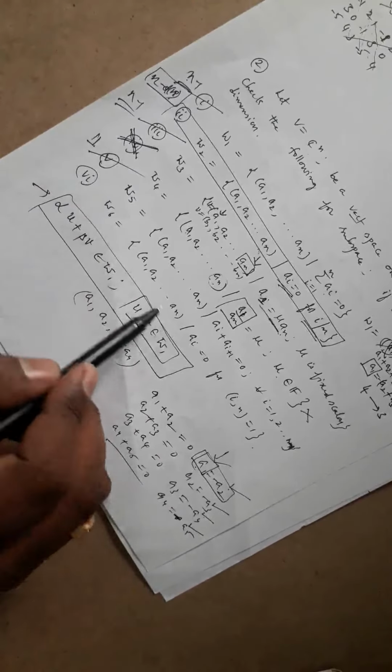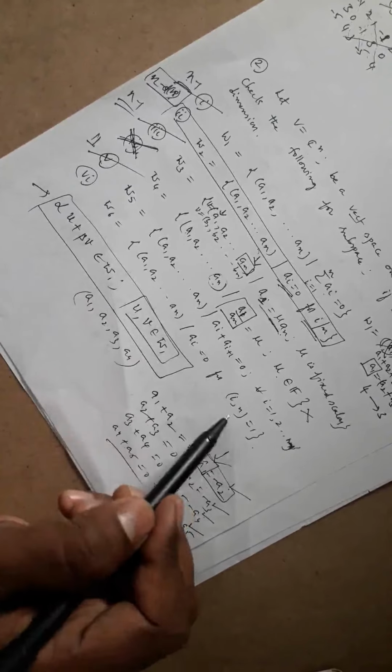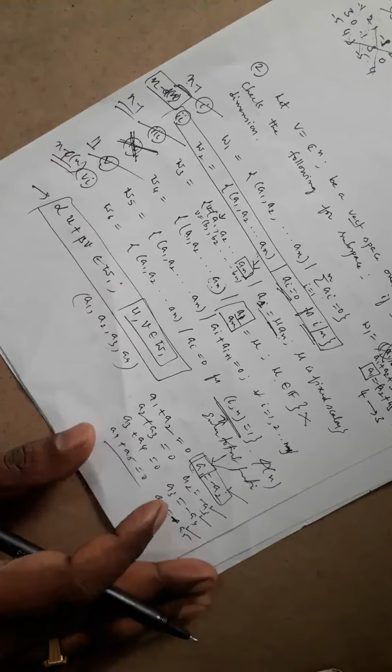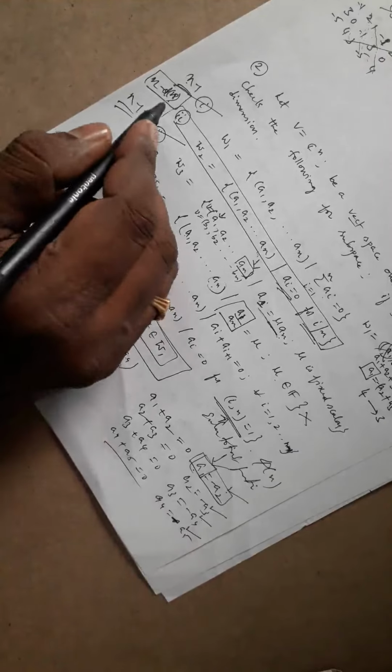Think about this. The condition a1, a2, up to an equals 0 for gcd(i, n) not 1, and the count is nothing but the Euler totient function, that is phi of n. So it is n minus phi of n is the dimension. But you need to know what is this phi of n, what is this d of n.